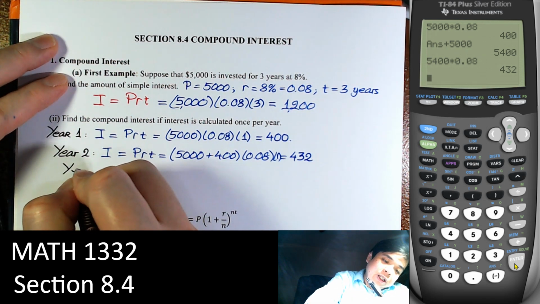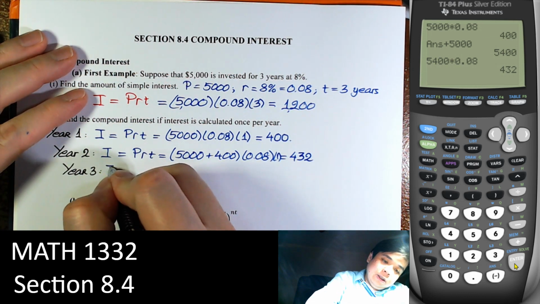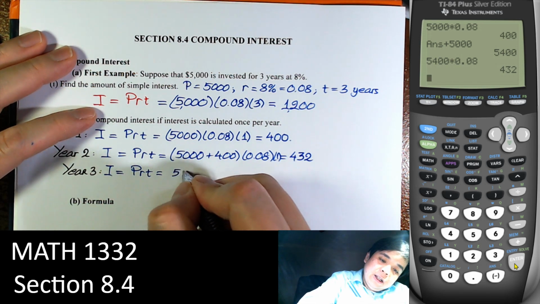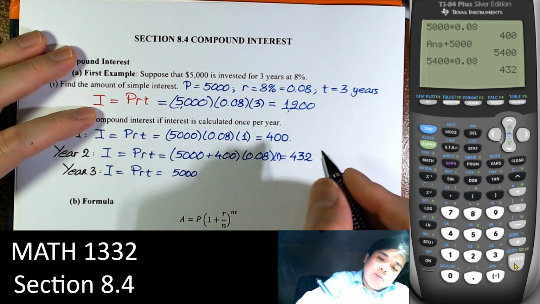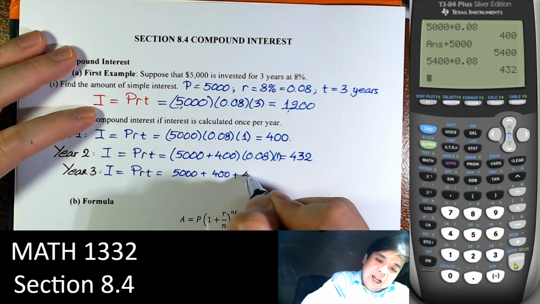For year 3, now we have the 5,400 and then 432.